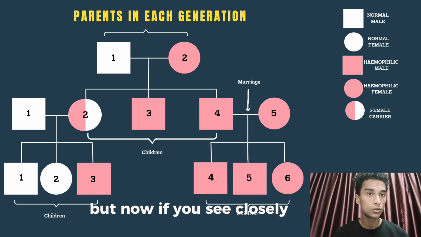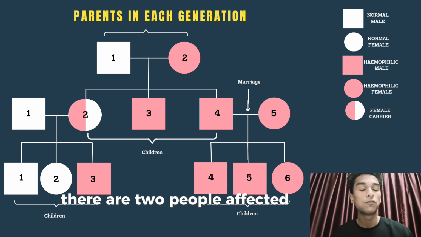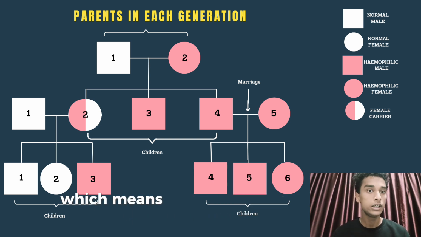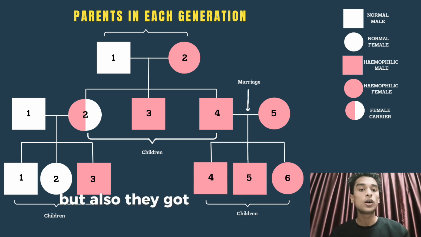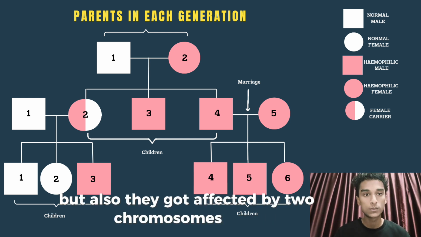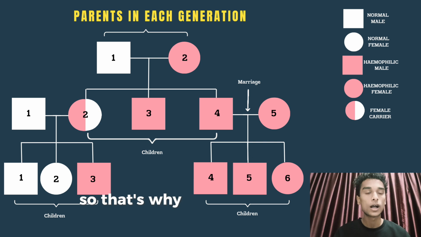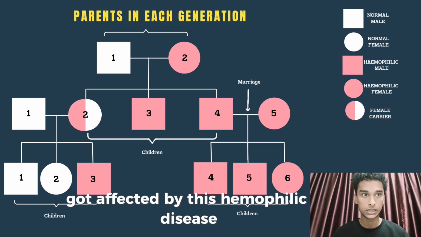But now if you see closely, there are two people affected by the hemophilic disease, which means there are two affected X genes. So certainly women are not only affected on one chromosome, but also on two chromosomes. So that's why their siblings or their children are affected by this hemophilic disease.